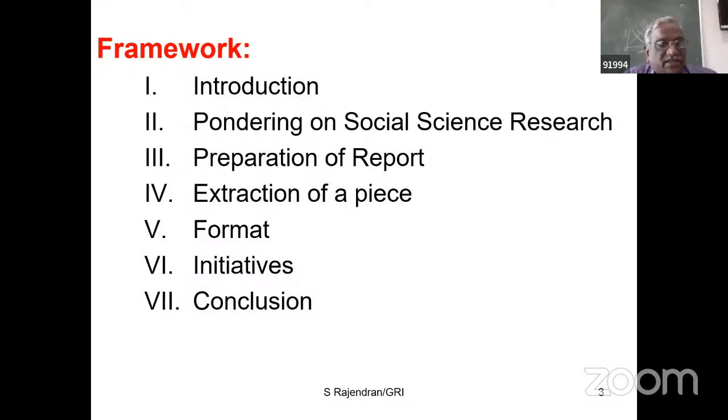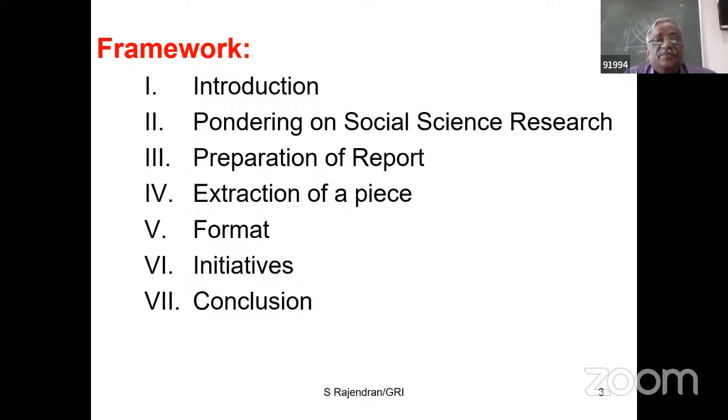The first section discusses the introduction. Primarily here I discuss why, what, where, etc., but in different concepts. The second part takes us to understand getting a grip on social science research.